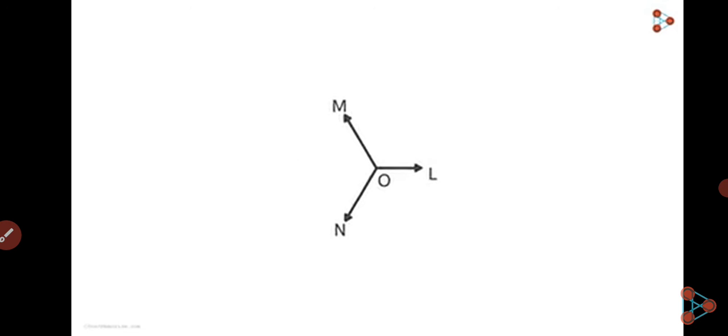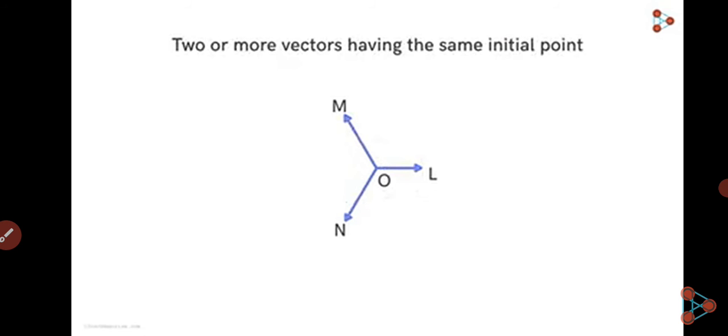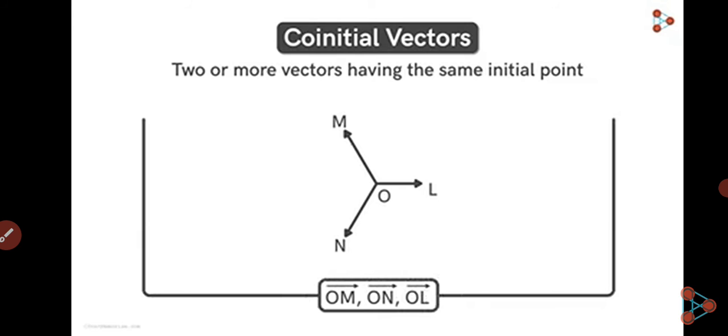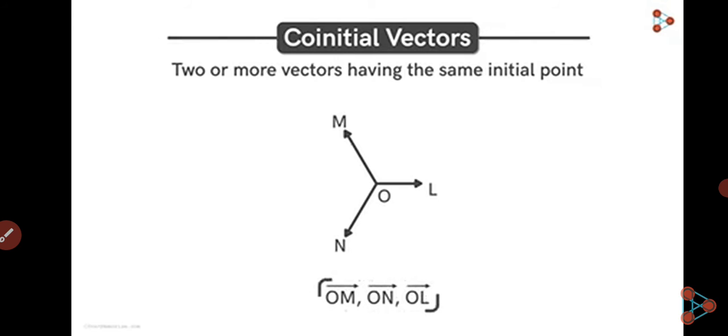So first of all, let us take these OL, OM and ON vectors. Dear students, two or more vectors having the same initial point, we call those co-initial vectors. Co means common, initial means initial point. So OM, ON, OL, these are co-initial vectors.